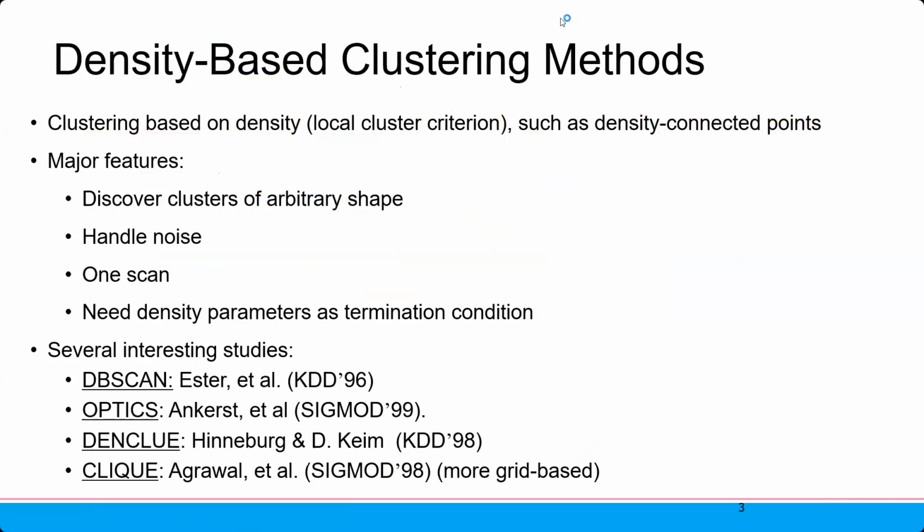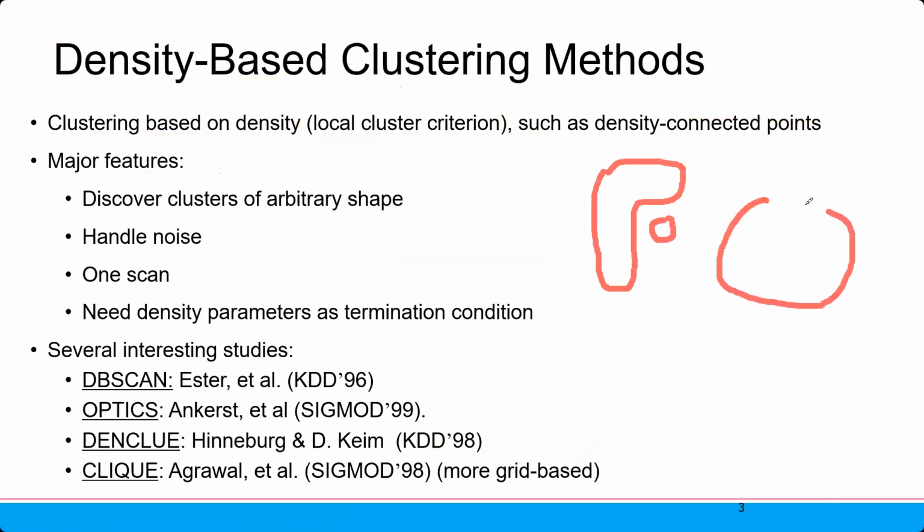For example, you can have only a small circle here, or something like a donut, like this one. So there are many kinds of shapes that we can extract with the density-based method.